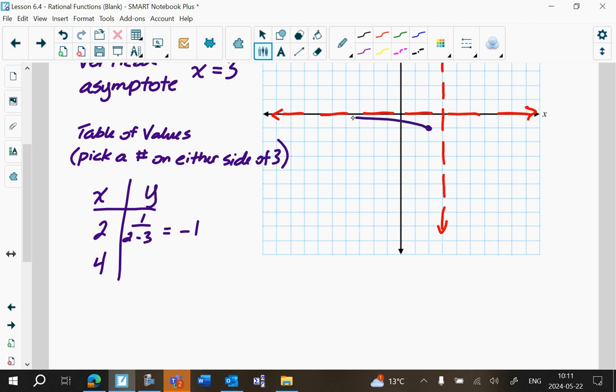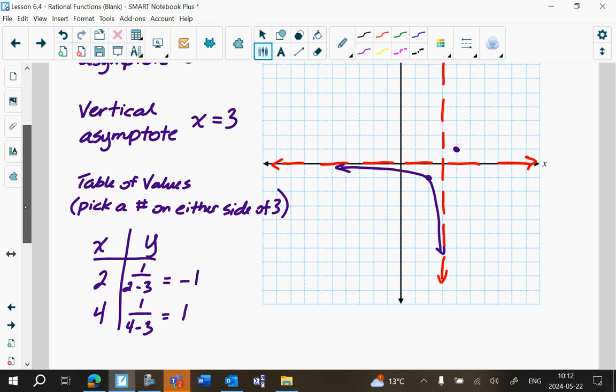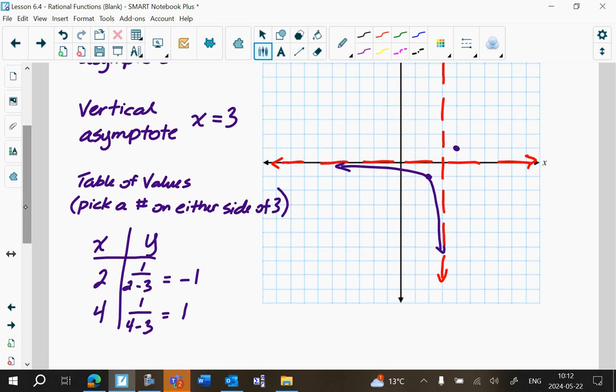And if x is 4, I get 1 over 4 minus 3, which is positive 1. So I get this, and I know the rest of the shape goes like that.